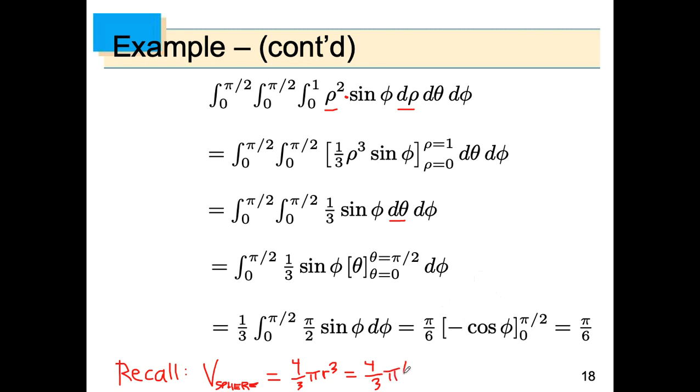If we simply replace r with 1, because our radius in this case is 1, we end up with 4/3 pi as the volume of the entire sphere. Now, if you take this volume and simply multiply it by 1/8, because we're just dealing with 1/8 of the sphere, you'll see we actually do get pi over 6 after you reduce all this. So it checks out.